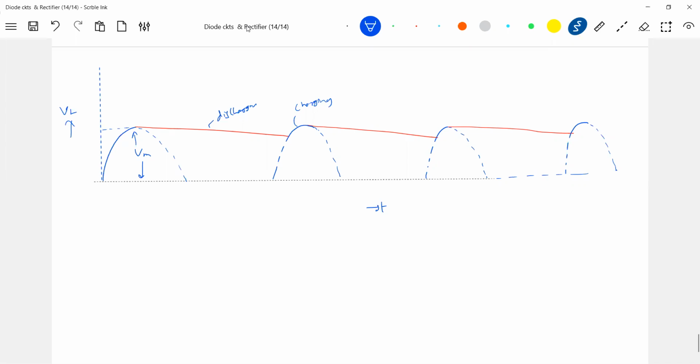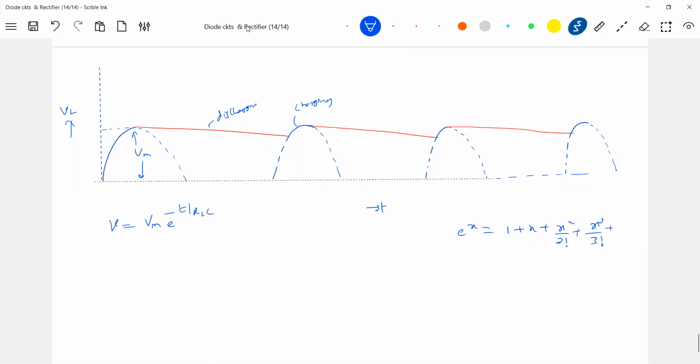So now what should this discharging voltage be equal to? Shall we put e to the power of minus t by RLC? Go back to the RC circuit discharging and the exponential term. What is e to the power of x when you expand? You get 1 plus x plus x square by 2 factorial, x cube by 3 factorial, and so on.